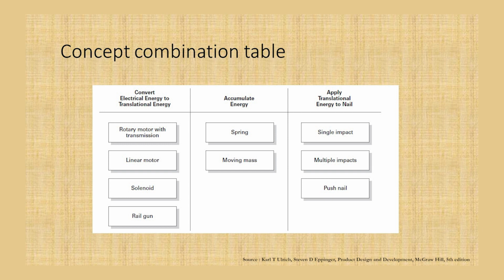And then to accumulate the energy, you may use a spring or a moving mass. And to apply the translational energy to a nail, you may use single impact, multiple impacts or pushing the nail slowly. You can now combine these 4 with these 2 with these 3. You can make all sorts of combinations. That is your concept combination table, just matching and creating all the combinations.